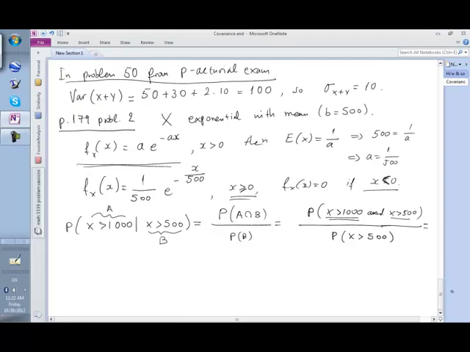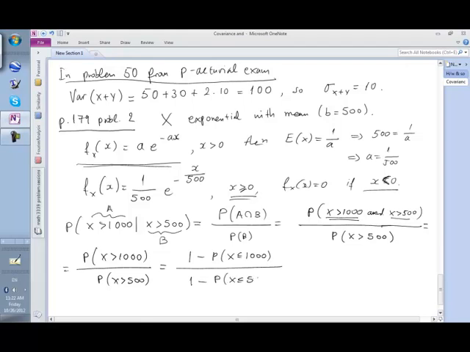And therefore this is the probability that X is greater than 1,000 divided by the probability that X is greater than 500. And let's compute these probabilities. This is 1 minus the probability that X is less than or equal to 1,000. And this is 1 minus the probability that X is less than or equal to 500.